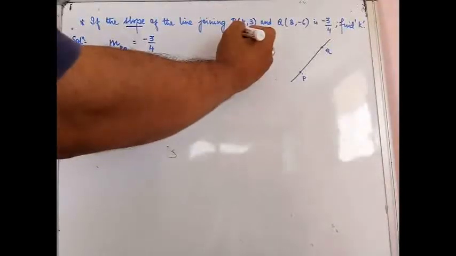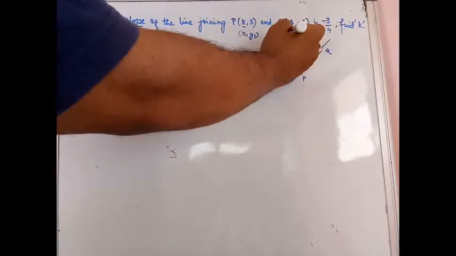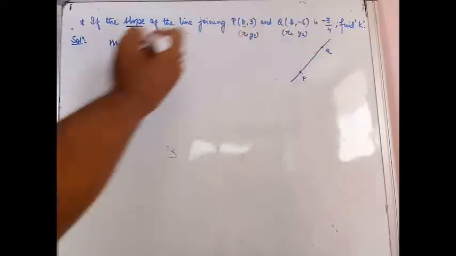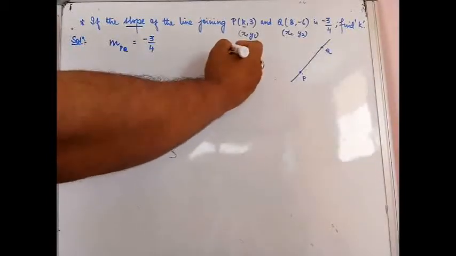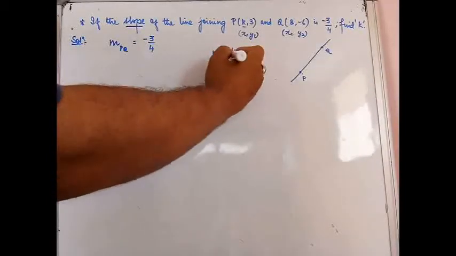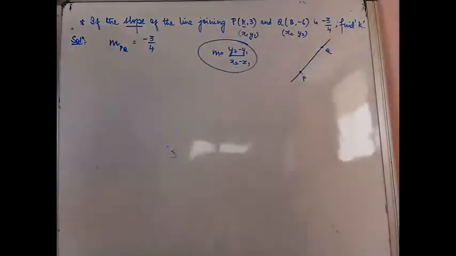Now we can always treat this point to be x1, y1 and this point to be x2, y2. So what will be the formula? The slope formula you can write on the right hand side, y2 minus y1 upon x2 minus x1. That's the general formula that we will use.